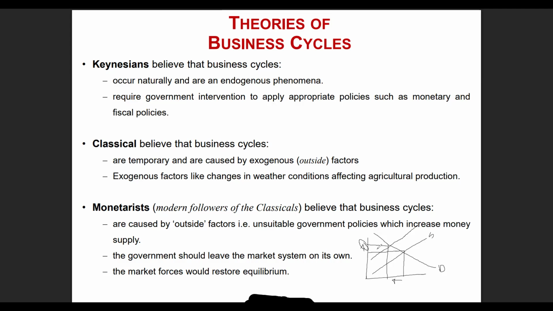So what they're saying is that when fluctuations in the business cycle occur, they are caused by outside factors, and we should leave them as they are and let the market forces of demand and supply restore equilibrium. So if we have something like this, then these market forces will restore back to equilibrium to here.